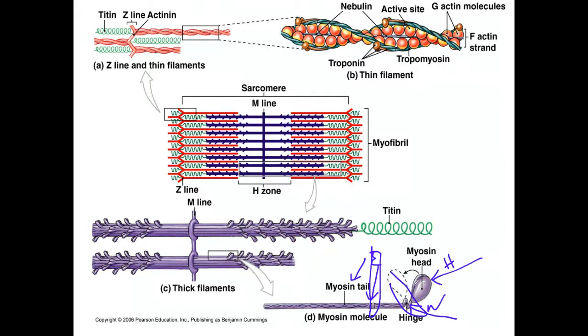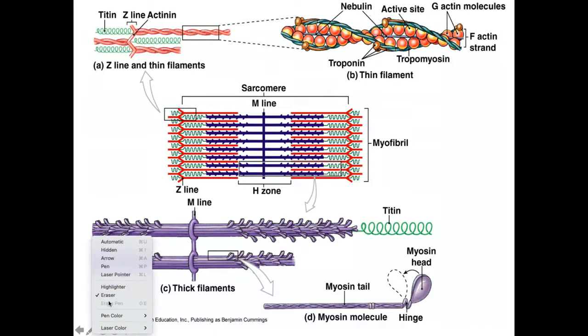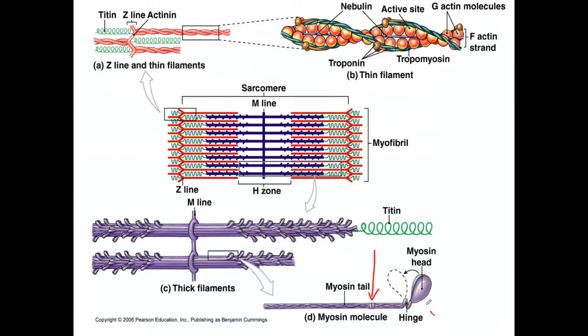Because when the myosin makes contact with actin, first it bends at this elbow joint, right? Let's remove this here. When the binding site is exposed on actin, that bends first so that this whole thing moves up and makes contact.